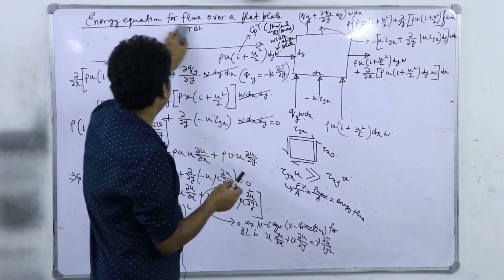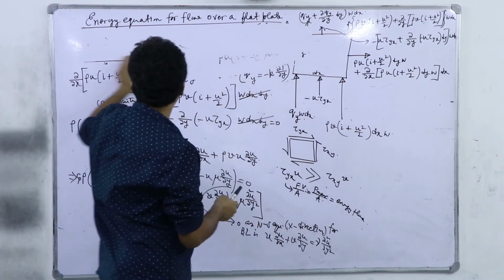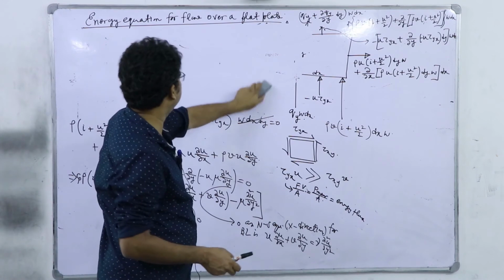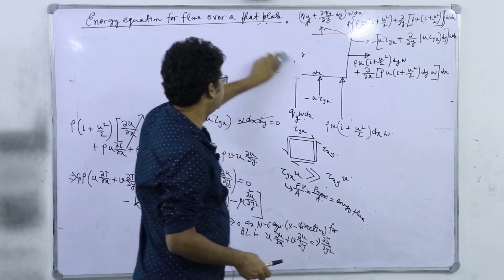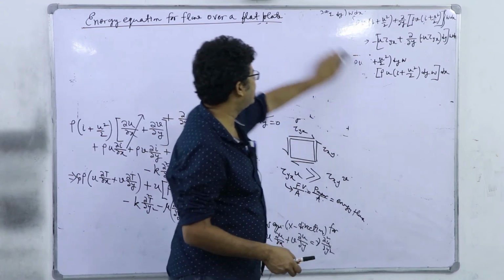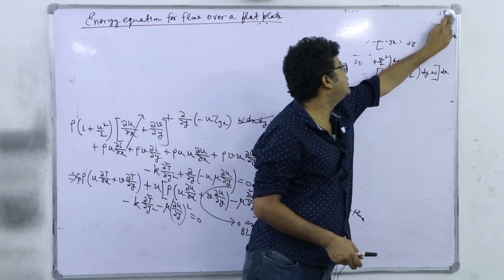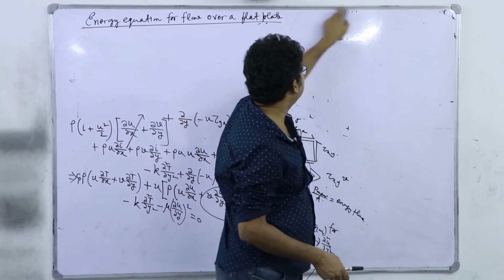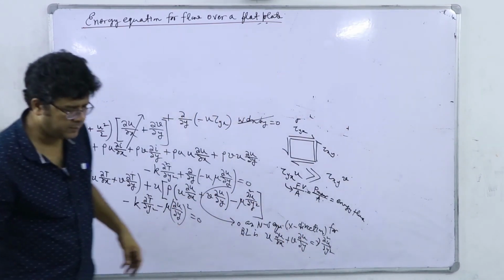The final form of this energy equation, specifically, this is not a general one, we are getting a restricted form for this boundary layer flow, right. And what is that form?